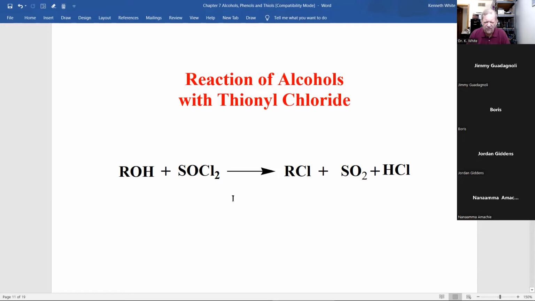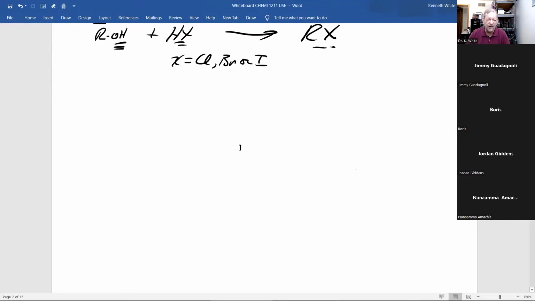All right, now why would we do something like that considering the last reaction? Well, let me show you something. The following you do not have to copy down. But let's say we have this molecule, and we wanted to replace this hydroxyl group with a chlorine, but keep the double bond.